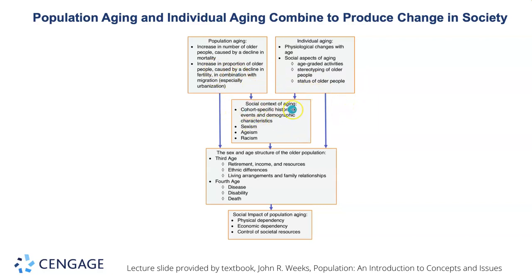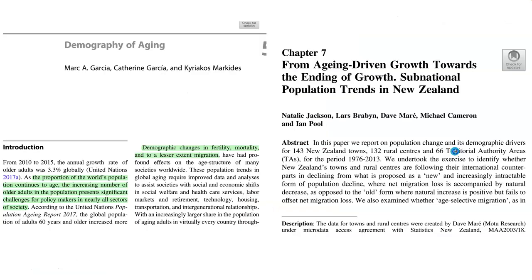Social context of aging and the age processes and physical dependency, as I mentioned before, would not be removable compared with younger ages. I will show you another article describing that. Economic dependency and control of society's resources. So based on the combined version of those social phenomena, the aging process, the age and the structure of the population will be a very important topic of population studies.